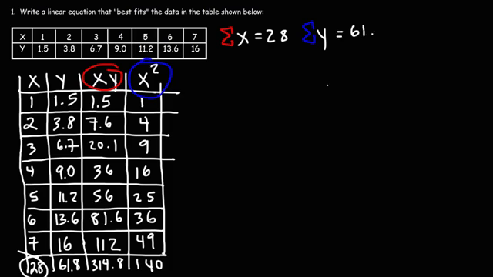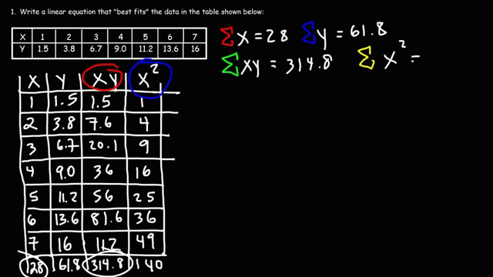These values are important because they're going to help us calculate the slope and the y-intercept of the linear equation. Next, we have the sum of the xy values, and that's 314.8. And finally, we have the sum of the x squared values, which is 140.